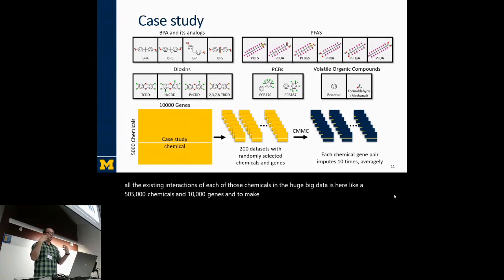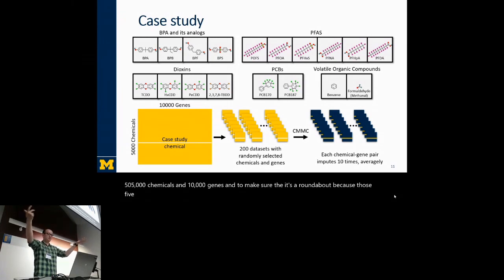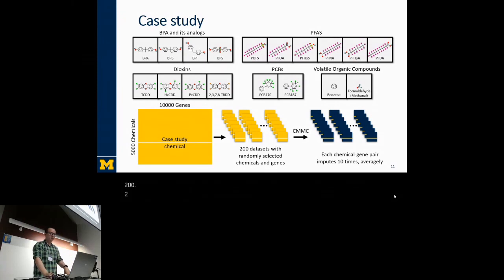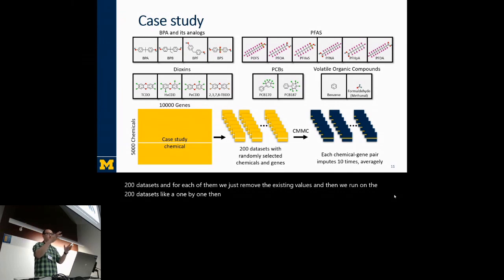To make it manageable, because that matrix is huge, we break the big matrix down into small matrices, like 200 data sets. For each of them, we remove the existing values, and then we run the 200 data sets one by one. Then we average the result.